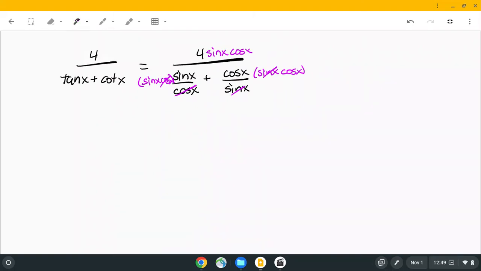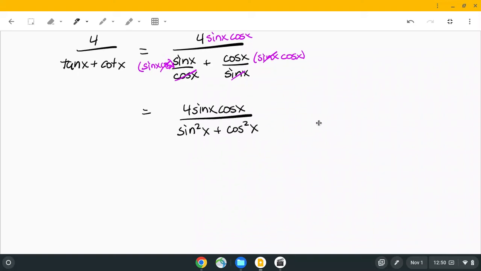Okay. And so now I get 4 sine x cosine x all over, what do I get here? Sine times sine, that's sine squared. Cosine times cosine, that's going to be cosine squared. Oh, sine squared plus cosine squared, we get that 1 again. So 4 sine x cosine x.